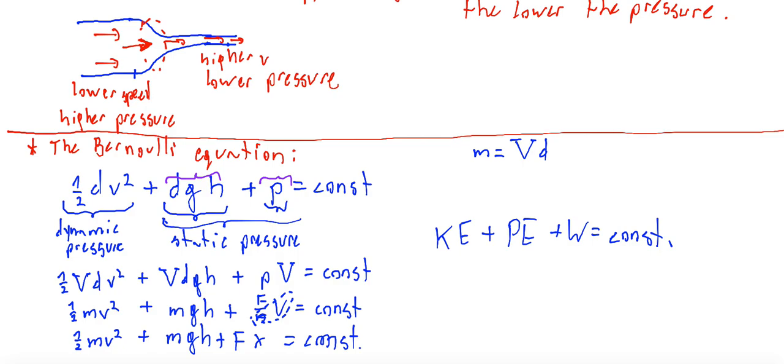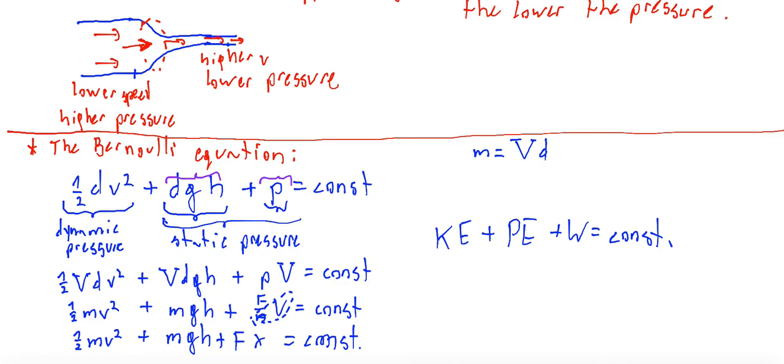Is that clear? Okay, so again, the Bernoulli equation says that half of density times squared speed plus density times strength of gravitational field times height plus the fluid's pressure must be constant.